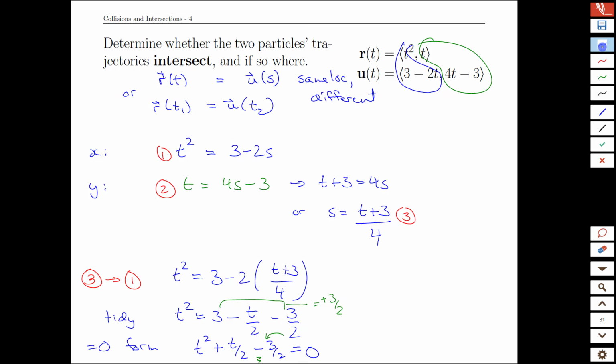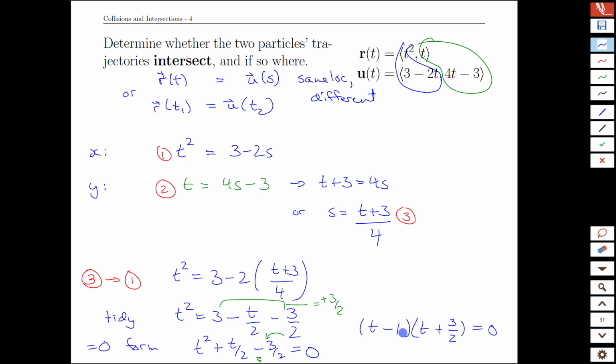And that is not super obvious to factor, but that's going to be (t something)(t something) equals 0. And what something's have a product of minus 3 halves, sum of positive 1 half? That sounds like 3 halves and 1, and let's get the signs right here.